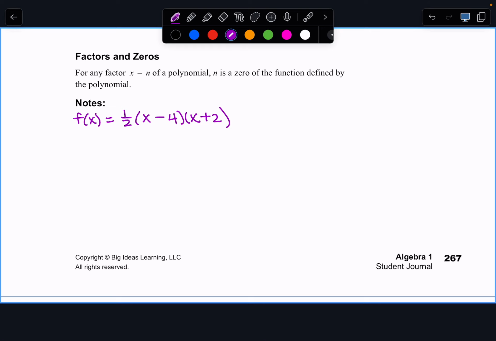The first thing we would need to do is find the zeros. Where are my zeros? At 4 and negative 2.